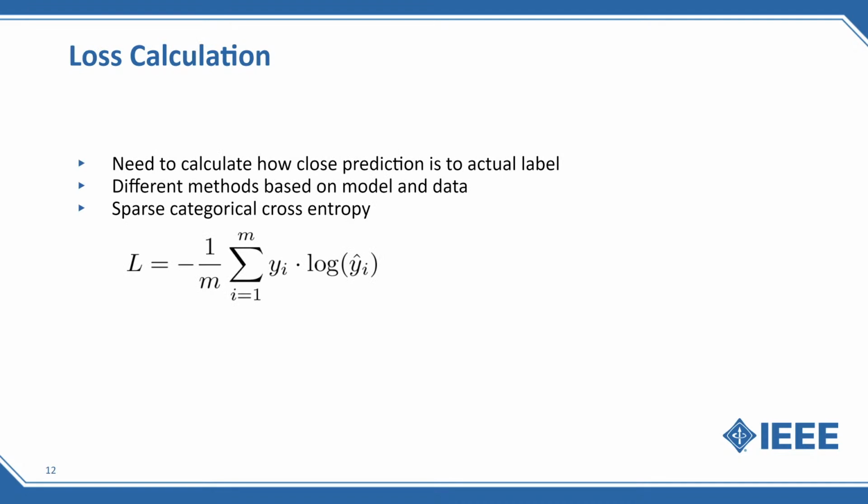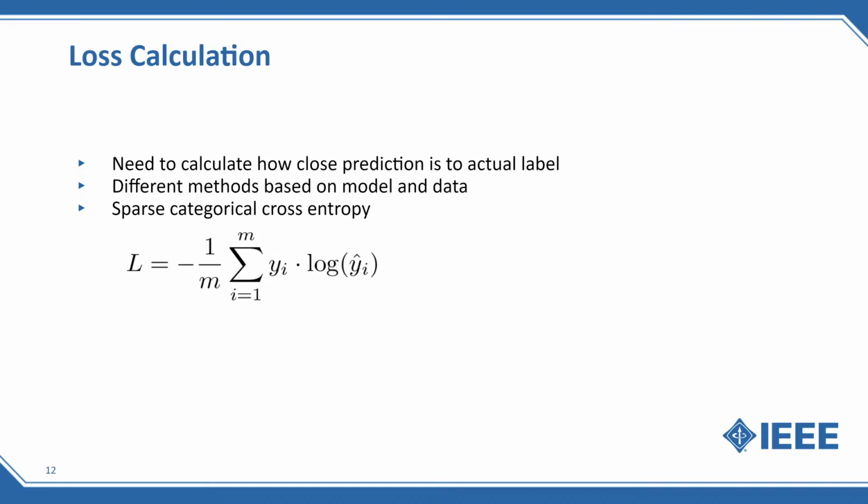Once you've thought about how you want to build your network, you have to decide how you want to calculate your loss. Loss is just your error calculation. It's your error term. There's a numerous set of loss calculations that can be done. Typically, for linear regression, you would use something like a mean squared error or some other numerical error calculation. For categorical stuff, it's common to use cross entropy calculation.